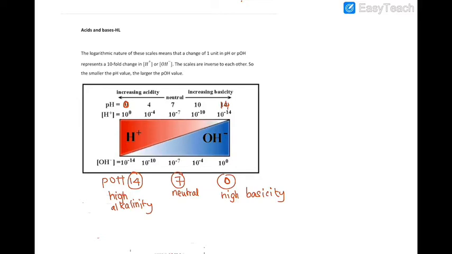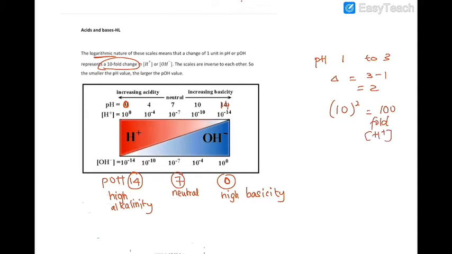Now, because it is a logarithm scale, that tenfold change is also going to apply. For example, if we have a pH that changes from 1 to 3, the difference is 2. Therefore, there's going to be a 10 to the power of 2, 100-fold change in concentration of H plus.